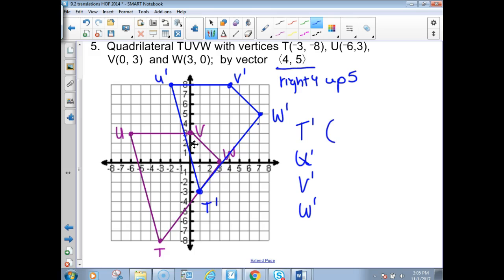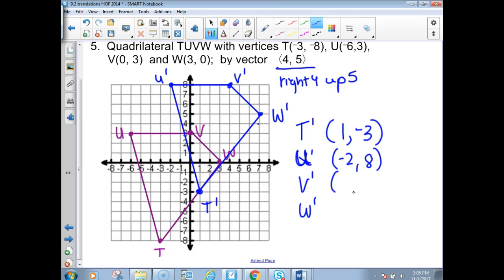You can either use the picture and name them from that, or you can say add 4 to -3, that would be 1. -8 plus 5 would be -3. And then I can check that 1, -3 is where my T is. That's supposed to be a U. U prime: add 4, -2, and 5, 8.